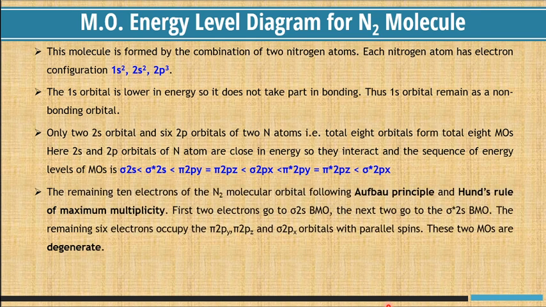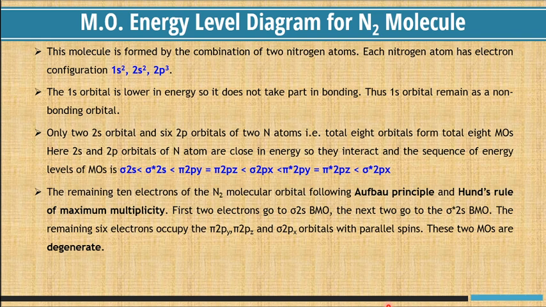The remaining 10 electrons of the nitrogen molecule are filled following the above principle and Hund's rule of maximum multiplicity. The first 2 electrons enter the sigma 2s bonding molecular orbital. The next 2 electrons are filled into the sigma star 2s antibonding molecular orbital, and the remaining 6 electrons occupy pi 2py, pi 2pz and sigma 2px molecular orbitals with antiparallel spins.